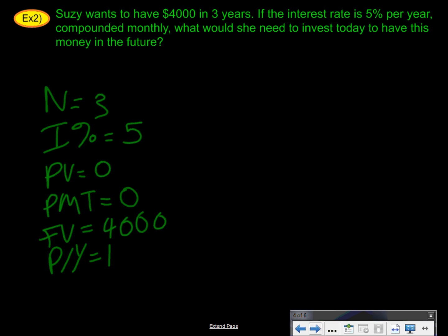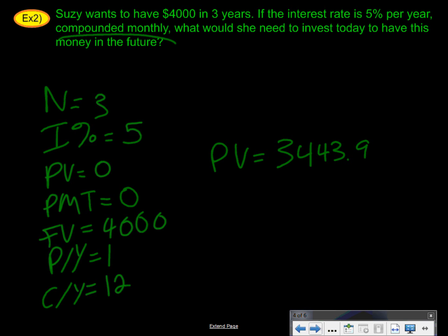P/Y is 1 and C/Y is compounded monthly, so it's equal to 12. So 3, 5, 0, 0, 4,000. For PV, how much she needs to invest today is $3,443.90.